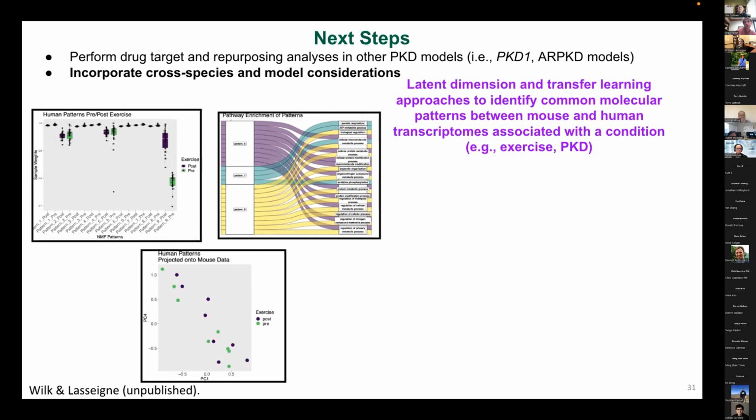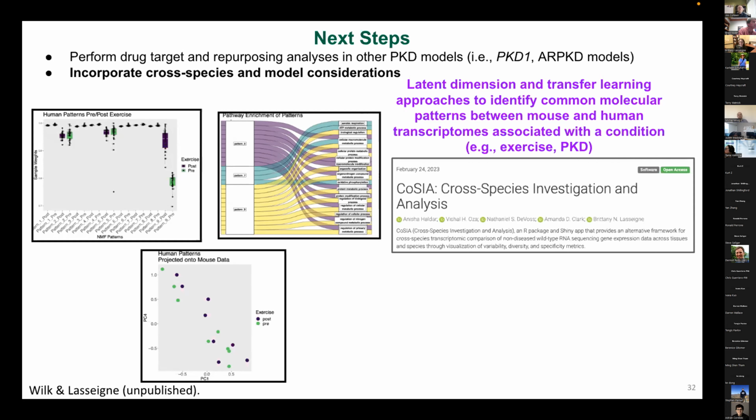They might be due to age. They might be due to other conditions that are not specifically associated with the actual exercise pattern. And so what we can do here is then take those patterns and identify which are consistent across species. This approach has advantages because, unlike one-to-one gene equivalences, here we can capture variation across data sets, even if it's not the exact same genes acting in the same way.